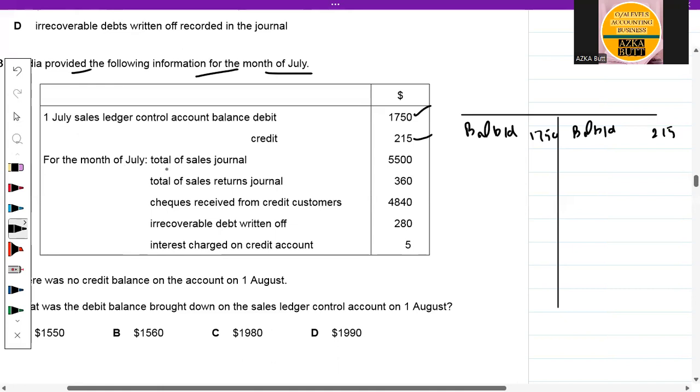Okay. So for the month of July, total sales journal would be 5500. So we know that this is basically our sales ledger control account. So sales would be recorded on the debit side. So sales 5500. Cheques received from customers, which is 4840. So this would be the part of credit side.